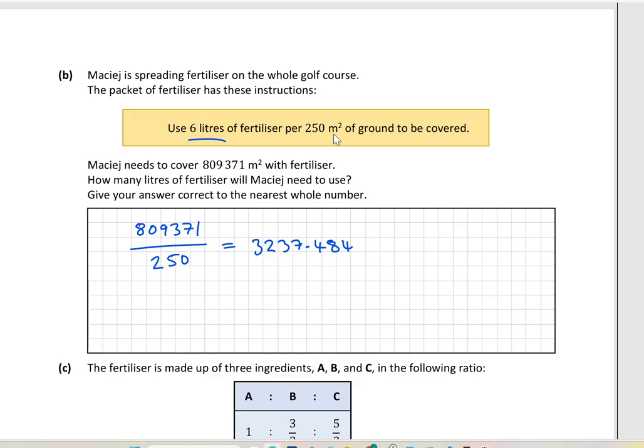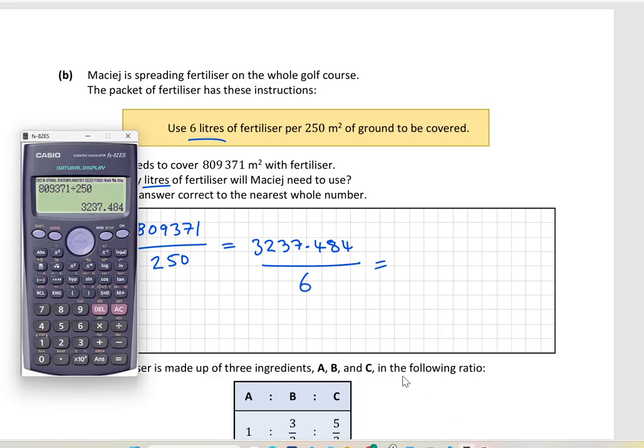So I need to divide that again by 6 to find out the actual number of liters, I think. Because when I do that, I'm finding out 6 liters, but I need actual liters.